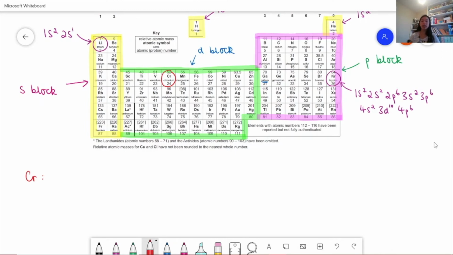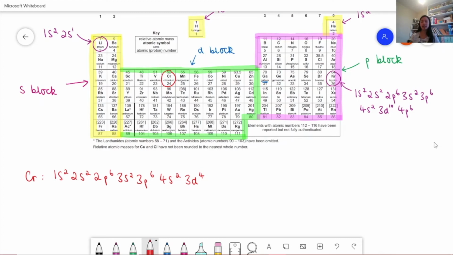So what we would expect it to be would be 1s2, 2s2, and then 2p6, 3s2, 3p6. So this would take us to argon, and then we'd have 4s2, and we'd expect it to be 3d4.